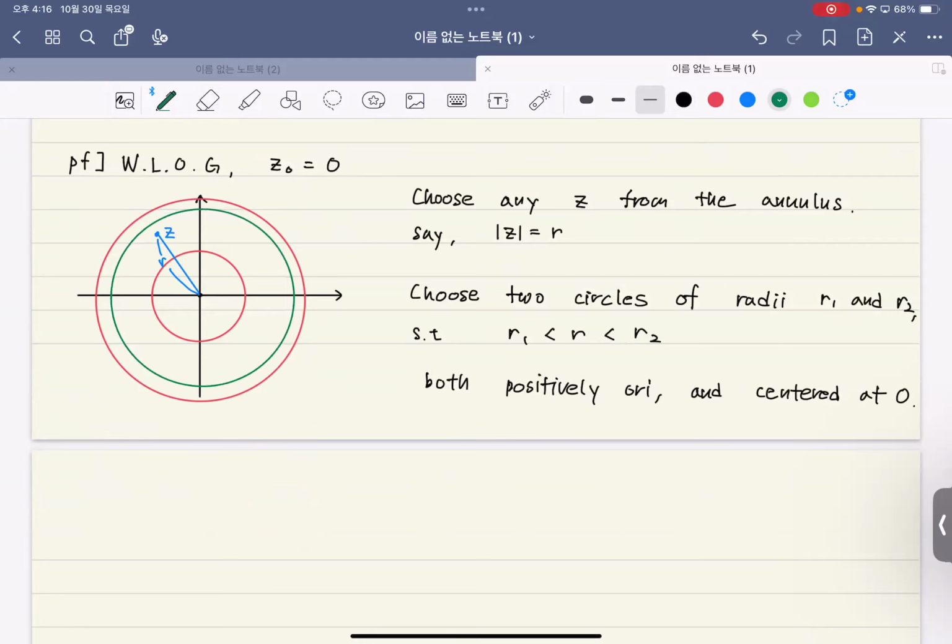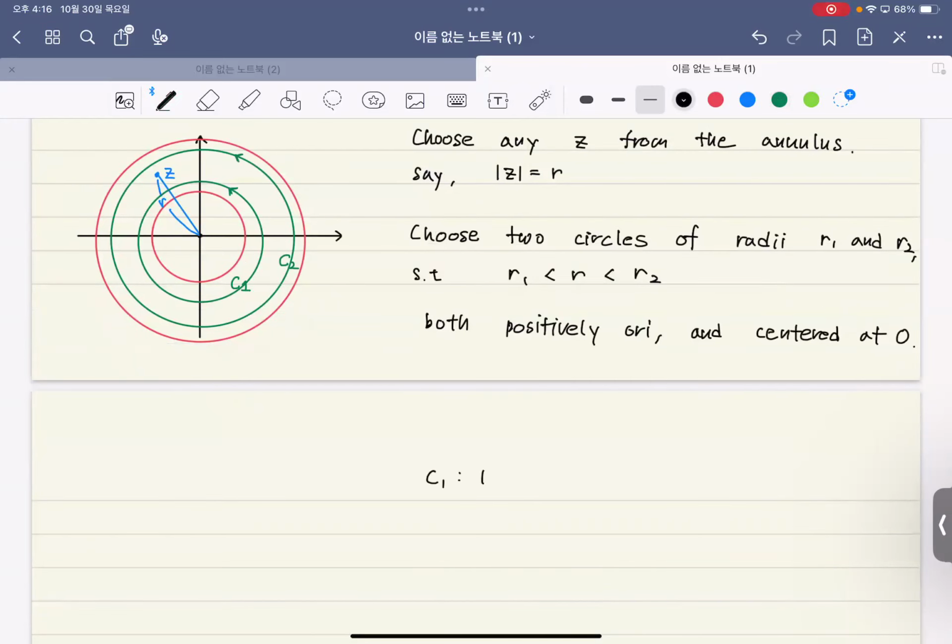This is the first circle, and this is the second circle. For the inner circle, I'll say this is C1, and the outer circle is C2. So C1 has radius r1, and C2 has radius r2.